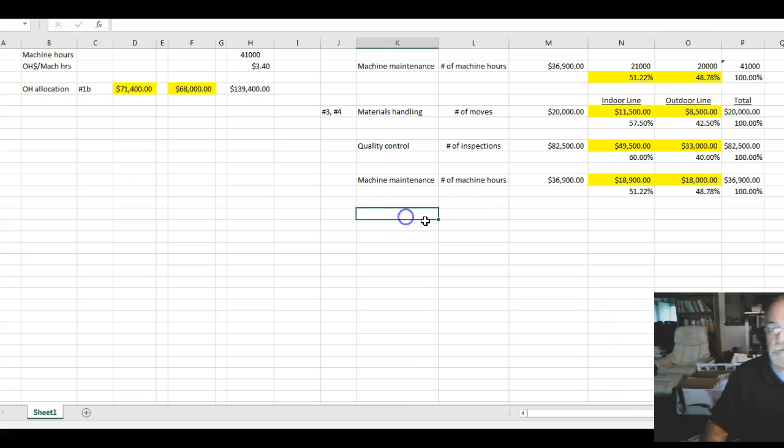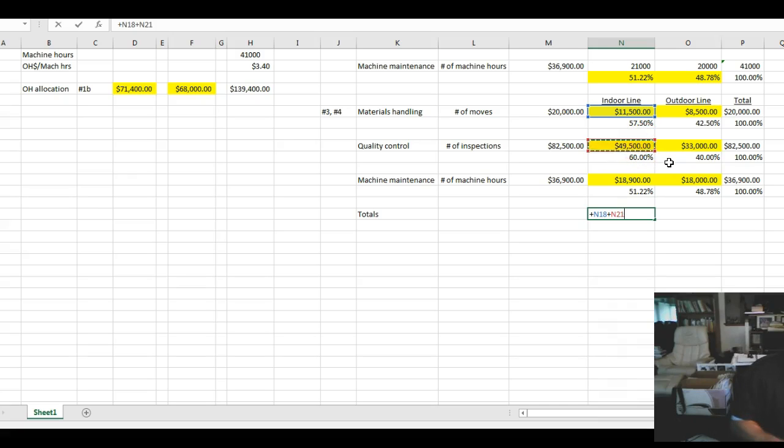And so why don't we show that down here, totals, and then we can use a simple formula, plus materials handling plus quality control plus machine maintenance equals. And that can simply be copied over.